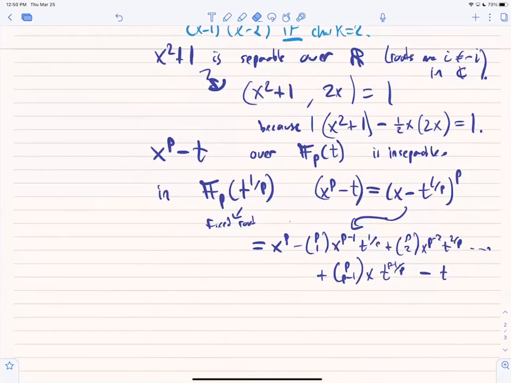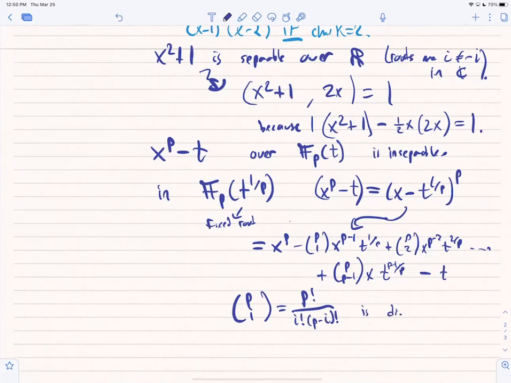But the point is all of these binomial coefficients. Here I'm just expanding with the standard binomial formula. So p choose i is equal to p factorial over i factorial times p minus i factorial.